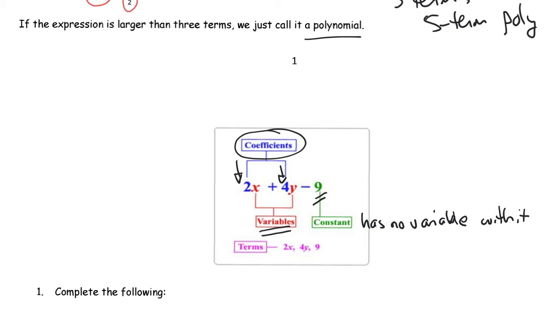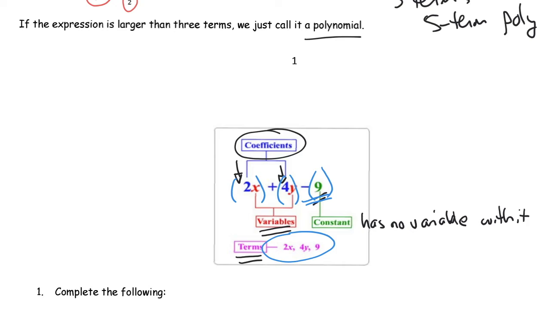And then our terms are all the expressions here that are separated by addition and subtraction. And so 2x is being added to 4y, and then we're subtracting the 9. Now, there is another way that we can look at that subtraction there, and we'll talk about that in just a couple minutes here, but those are our terms here. 2x, 4y, and 9. Well, actually, we could probably discuss this right now.